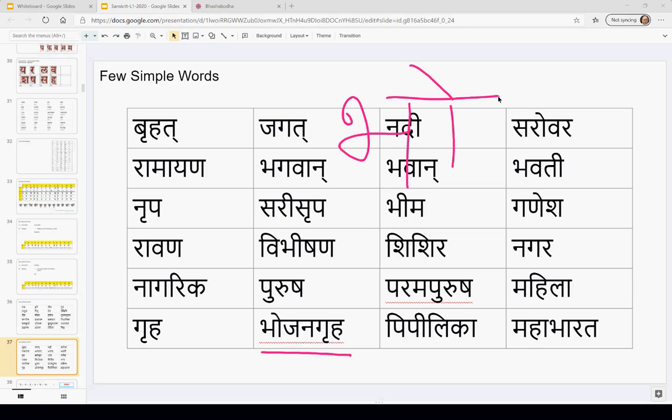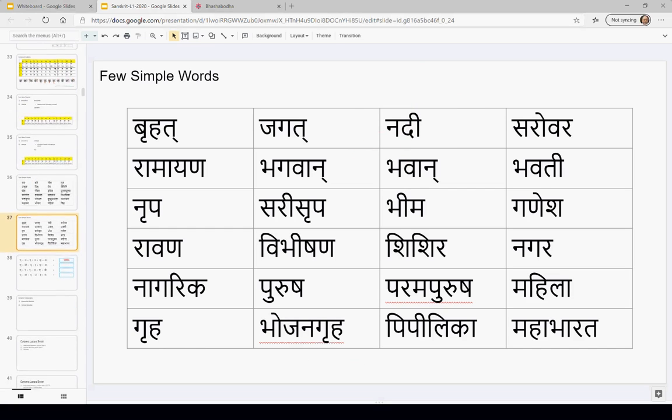Bhojana, Bhojana Graha. Bhojana Graha means a place where food is taken. Graha means home or some dwelling. You can also use it for a restaurant. Oh, restaurant. Okay.